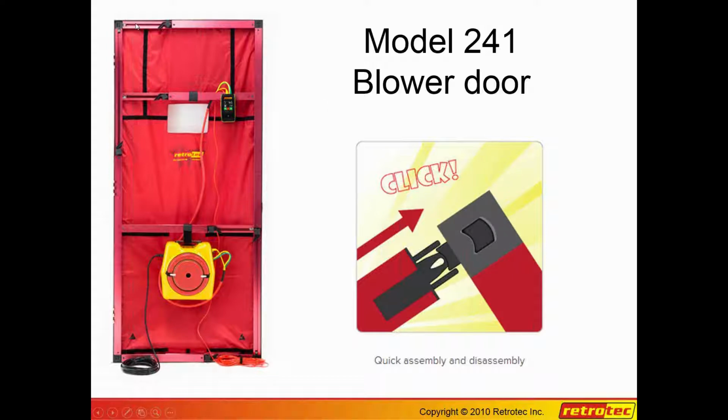So the passive house folks were complaining that the aluminum frame was leaking out the corners, these little teeny weeny holes about the size of a pencil in each one of the corners, because the miters didn't come together square and the weather strip didn't go to the corners. This particular unit, the weather strip actually goes all the way out to the corners, and it's quite a cool little device. So that's a Model 241.